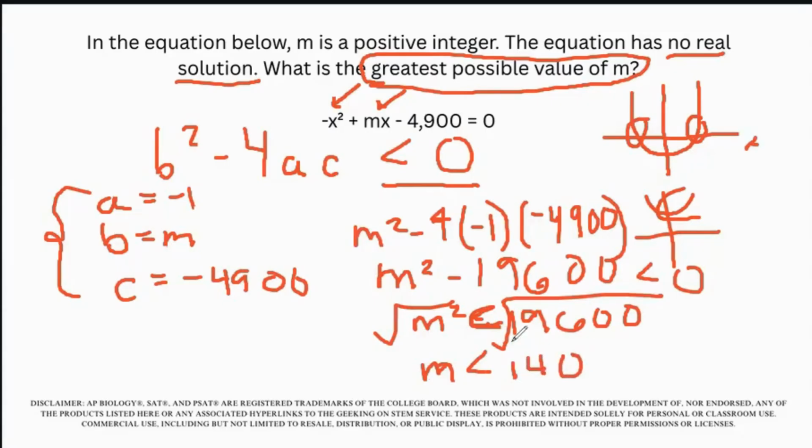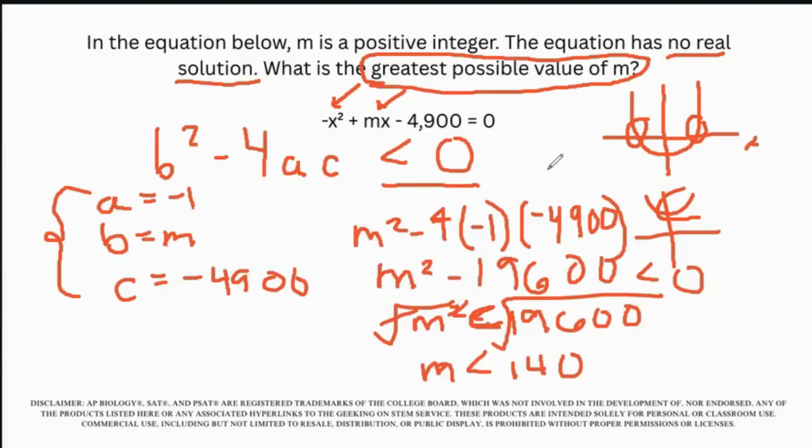That's how I got the 140. So basically, I have m squared, I bring the negative 19,600 over to the other side. So I got m squared less than 19,600. Square root of both sides to get rid of that square. And then I got m is less than 140.